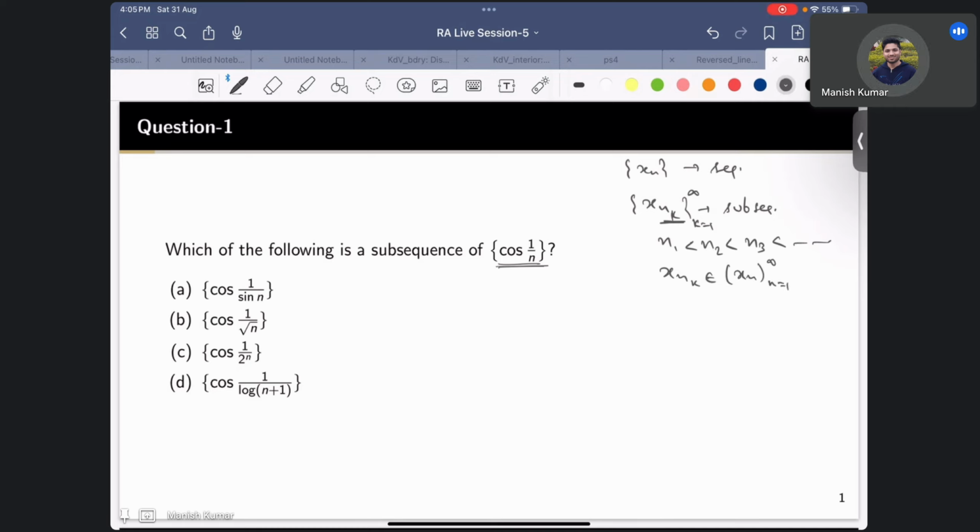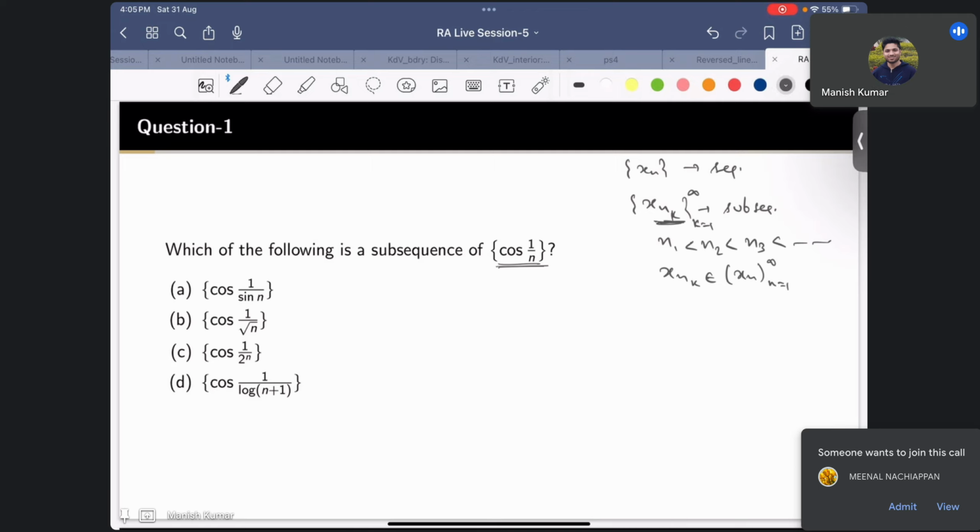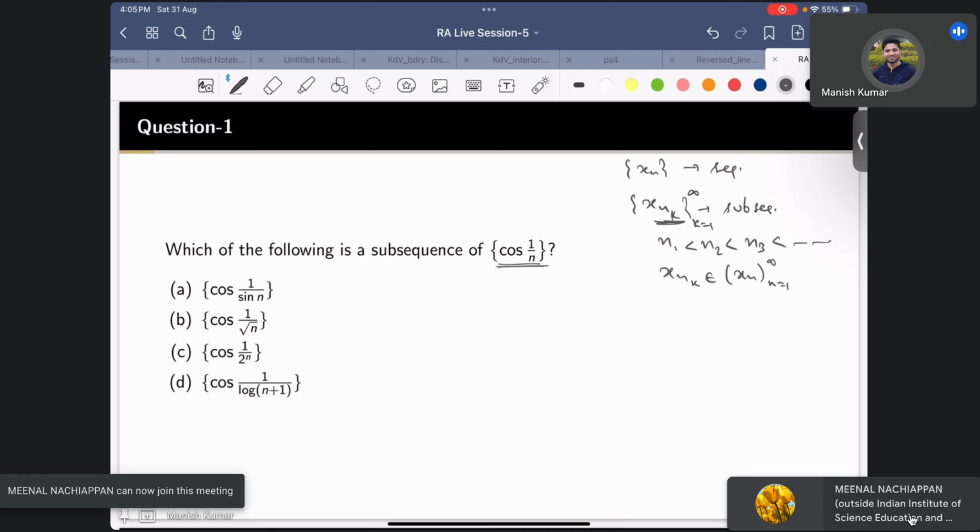It cannot be anything arbitrary, but it has to be an element from the sequence x_n. This is what we mean by subsequence.